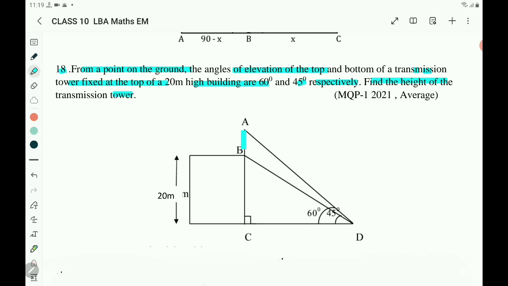Here AB is a transmission tower. It is on the building of height 20 meter.